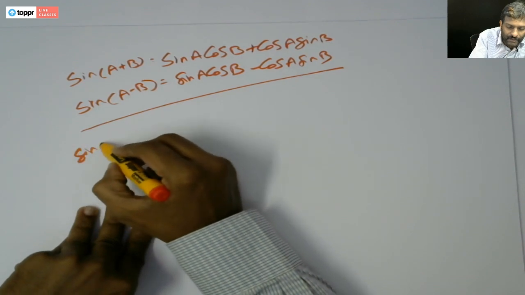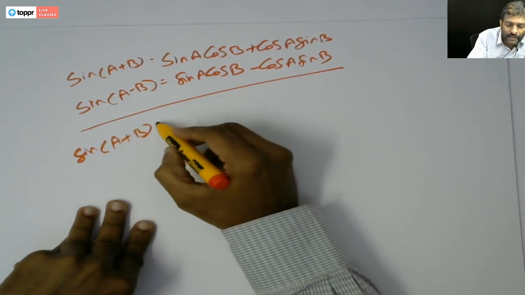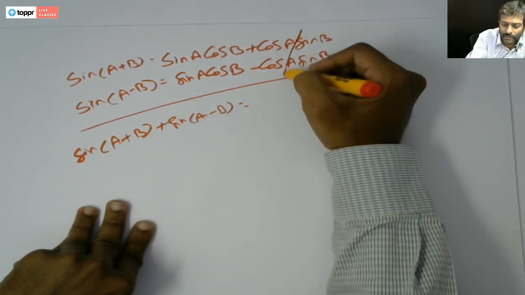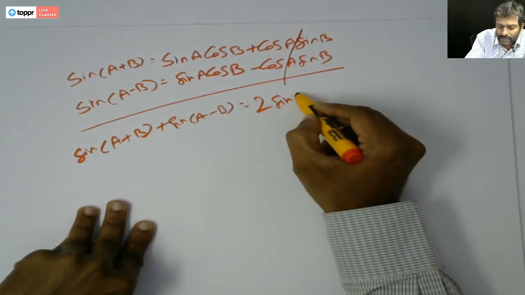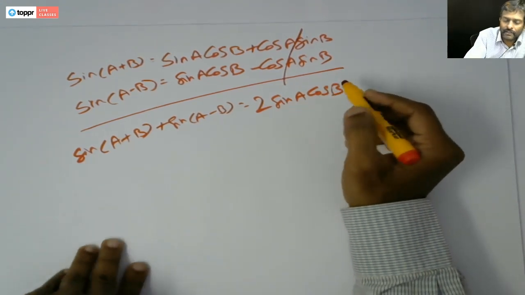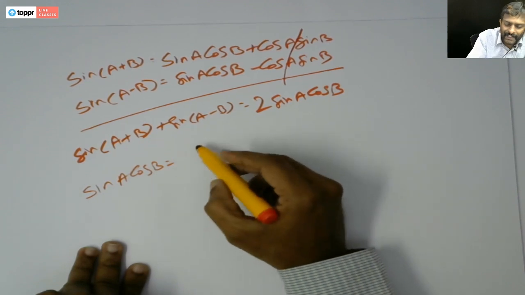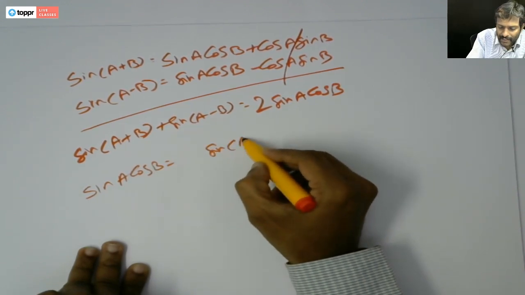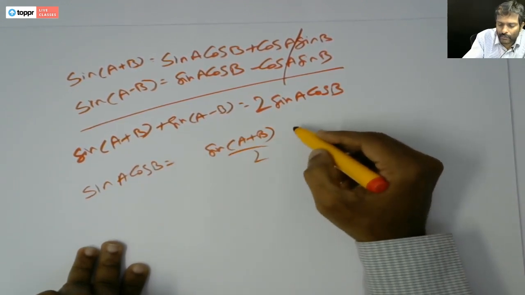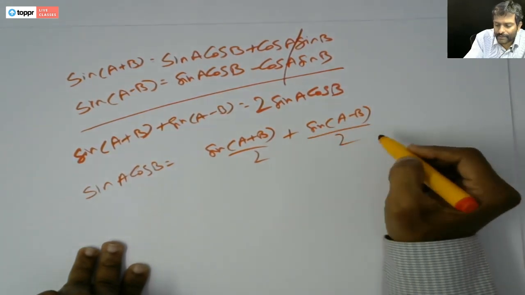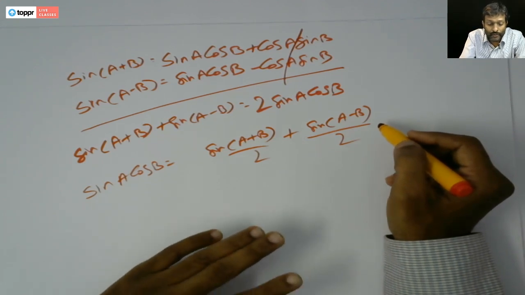So I have sine A plus B plus sine A minus B would be equal to 2 sine A cos B. So whenever I come across something like sine A cos B, I can write it as sine A plus B by 2 plus sine A minus B by 2. So this is a formula which we are going to use.